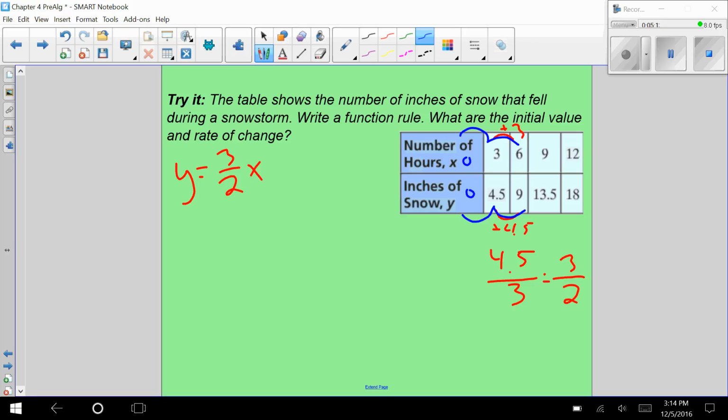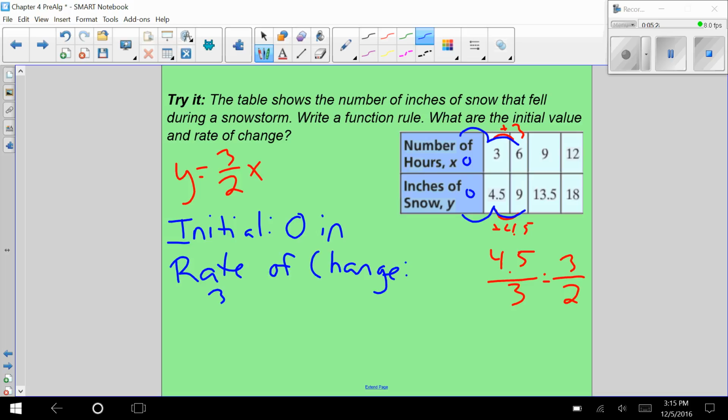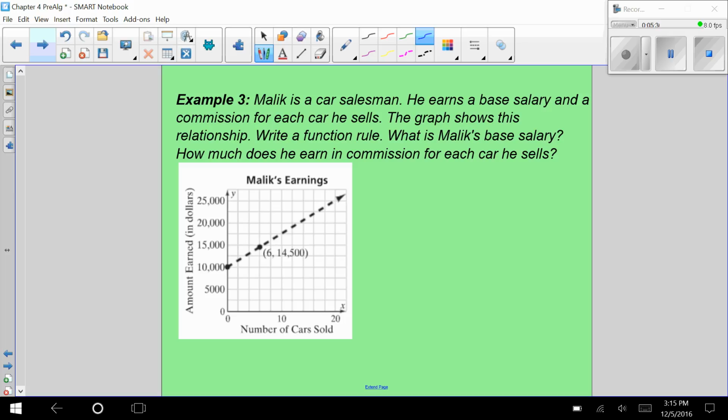We can just leave it as y equals 3 over 2x. So my initial value is 0 inches of snow, which makes sense. Our rate of change is 3 over 2 inches per hour. There's our answer.